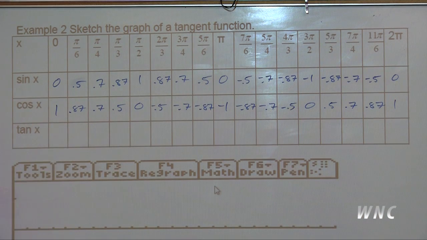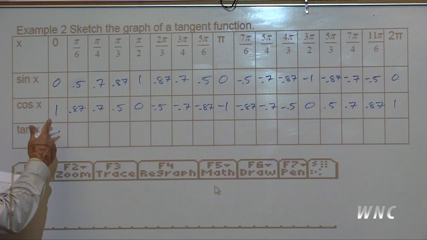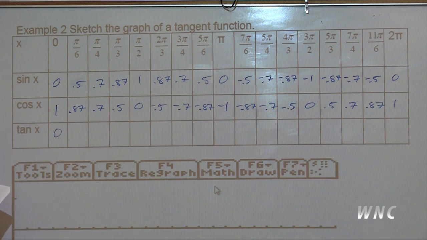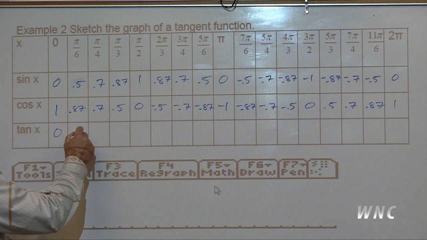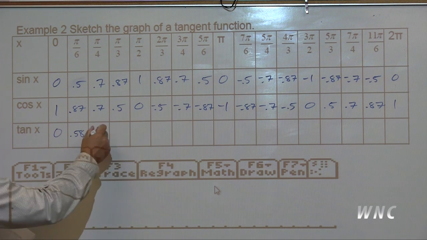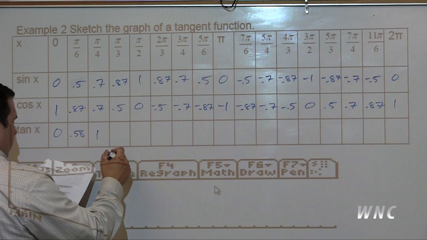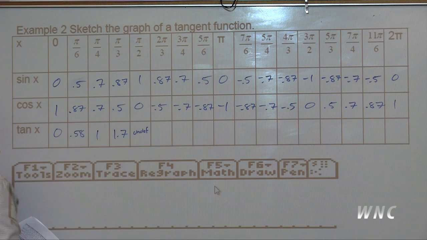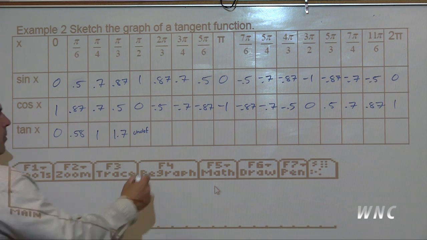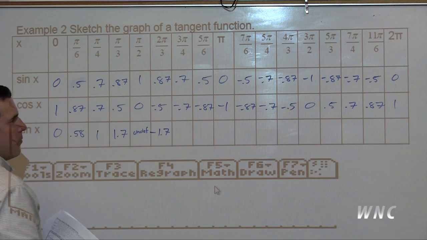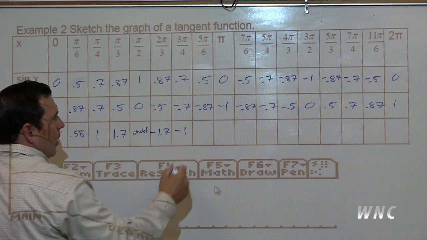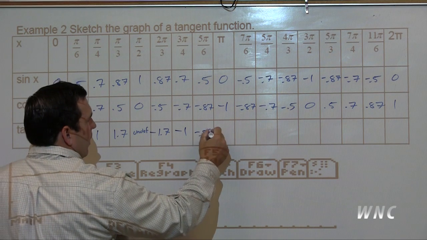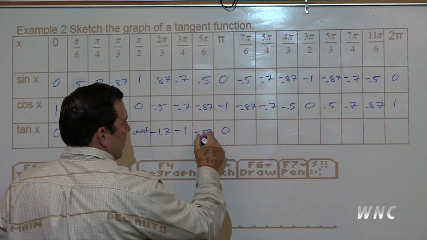So tangent is going to be sine over cosine. We're going to be dividing. 0 divided by 1 is 0. 0.5 divided by 0.87 is 0.58. Then 1, then 1.7, then it's going to be undefined, because 1 divided by 0 is undefined. Then we're going to be at negative 1.7, negative 1, negative 0.58, 0.